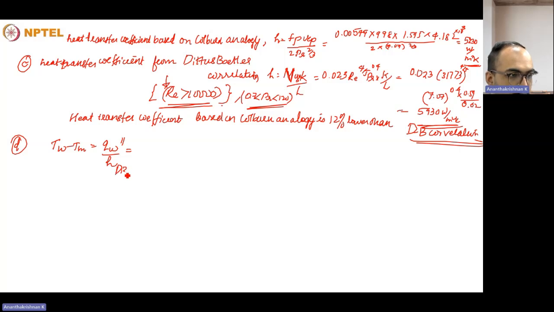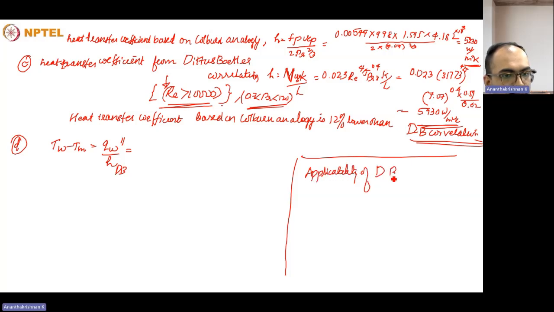So this is based on the Dittus-Boelter correlation. I can clearly note it down on the side: applicability of the Dittus-Boelter correlation.